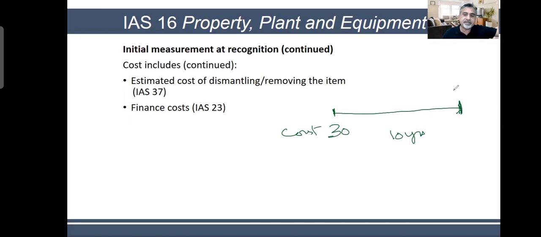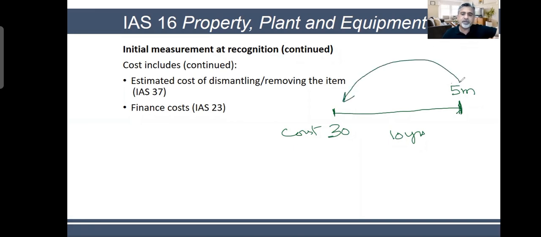And we estimate that 5 million would be the cost of removal after 10 years. We will have to spend this 5 million, because if we did not agree to remove this factory, they would not have given us the land. The usage and benefit of this factory was only possible because you agreed to remove it. So this also is your obligation.